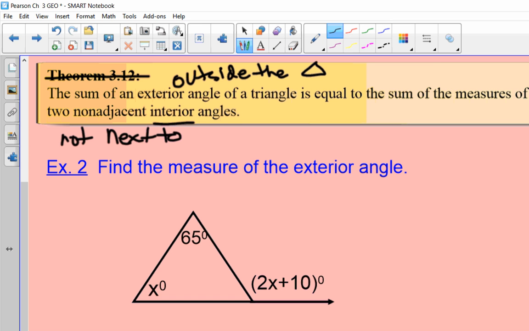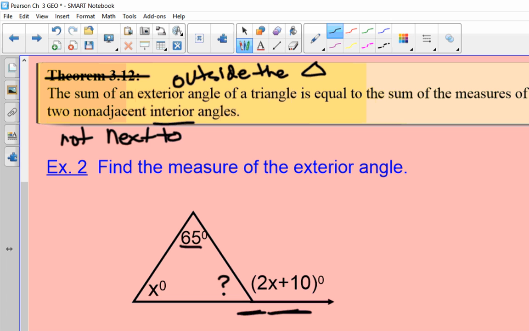Let's go over this really quick so we get this. This angle 2x plus 10 is exterior. It's not inside the triangle, okay? And it's going to be equal to the two non-adjacent. This angle right here, I'll put a question mark. That angle right there is adjacent. It's next to the angle that we're kind of talking about, okay?